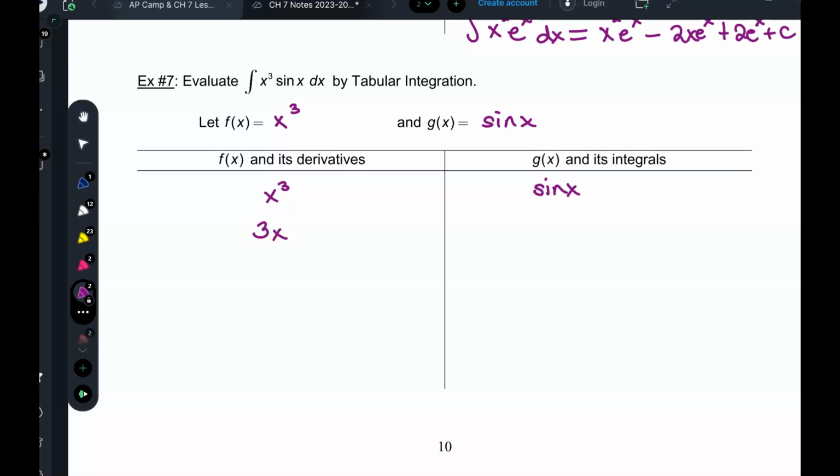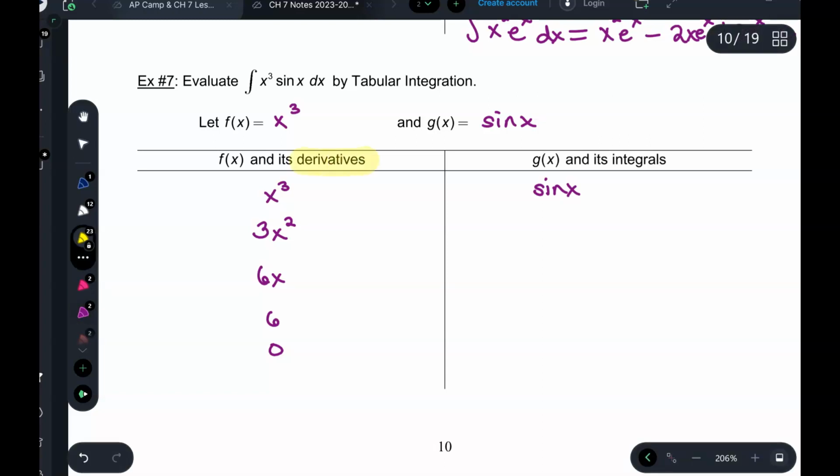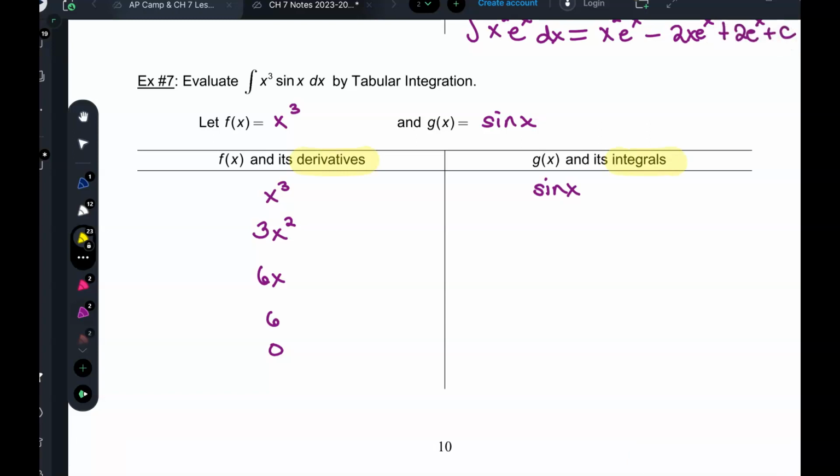So 3x squared, 6x, 6, and 0. And then working backwards on the right side. Don't forget, these are the derivatives, and on the right side are integrals.